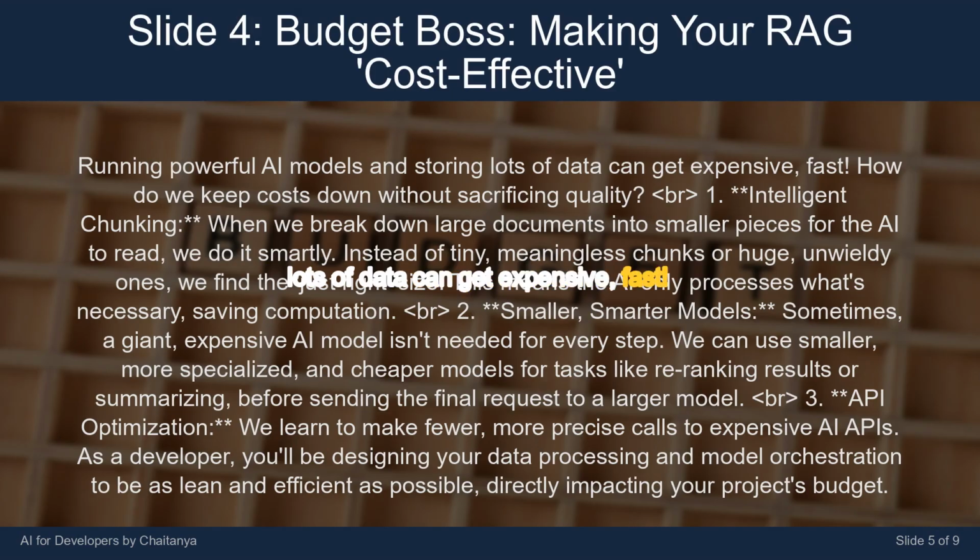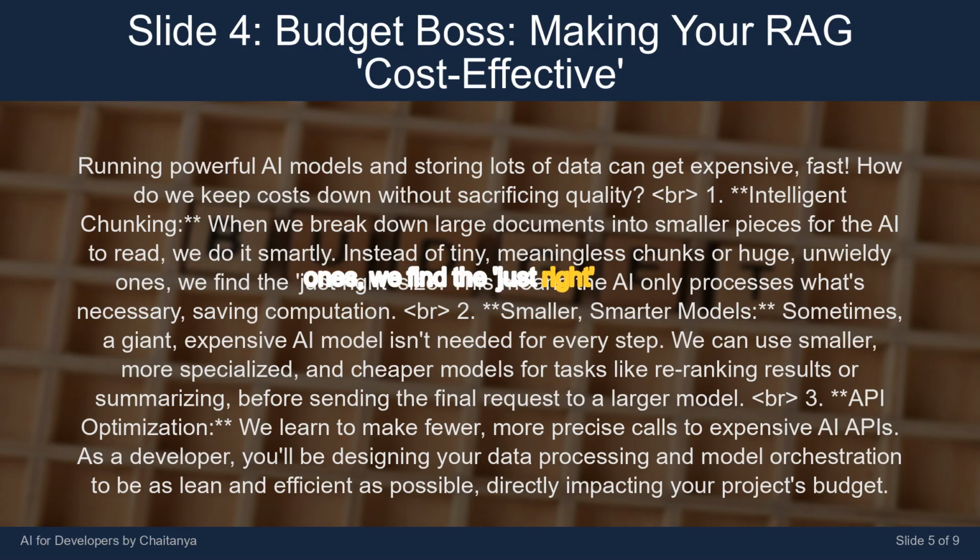Running powerful AI models and storing lots of data can get expensive. How do we keep costs down without sacrificing quality? 1. Intelligent chunking. When we break down large documents into smaller pieces for the AI to read, we do it smartly, instead of tiny, meaningless chunks or huge, unwieldy ones. We find the just right size.